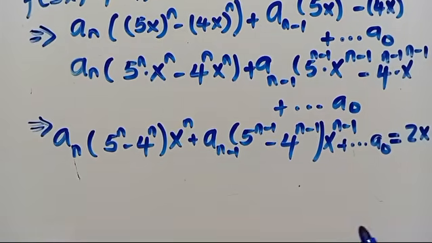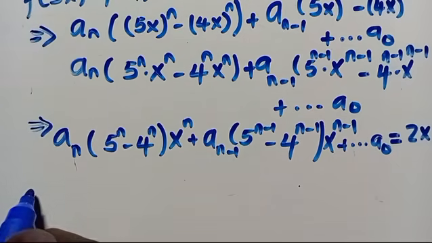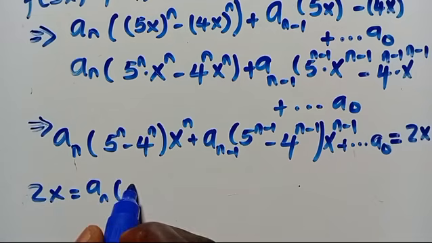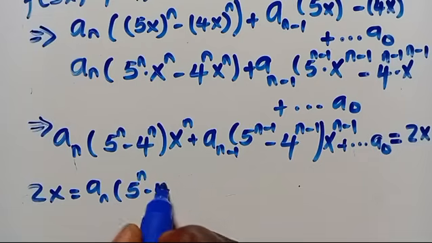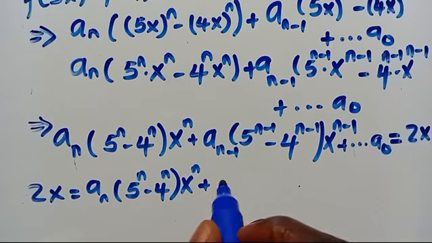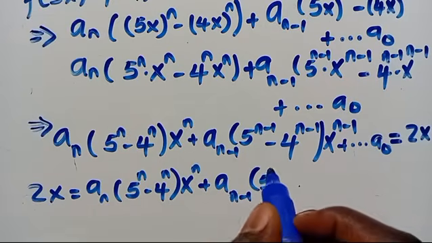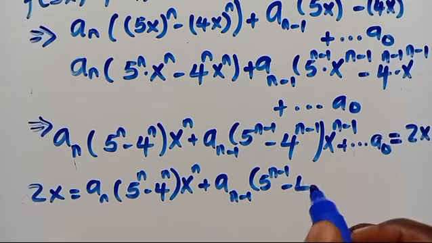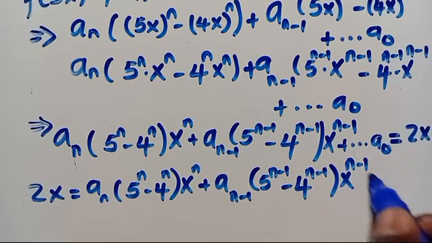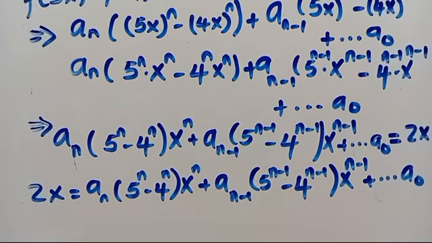Then everything equals this side, 2x. So from here, we can write this expression as 2x equals a_n (5 to the power of n minus 4 to the power of n) x to the power of n plus a_(n-1) (5 to the power of n minus 1 minus 4 to the power of n minus 1) x to the power of n minus 1 plus dot dot dot a naught.